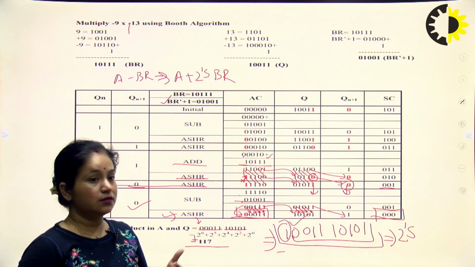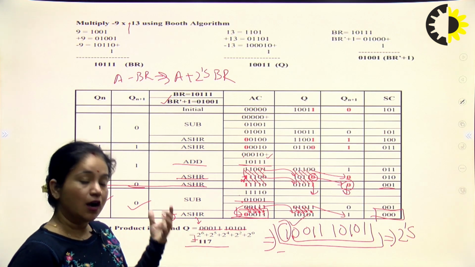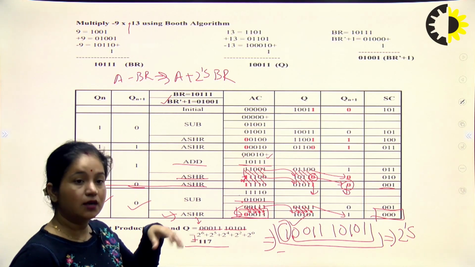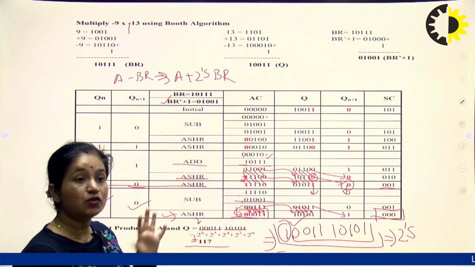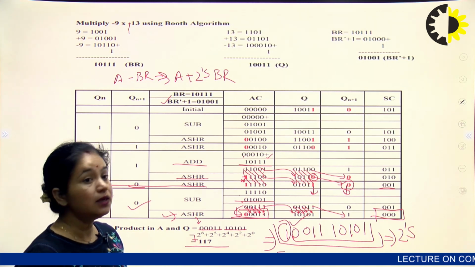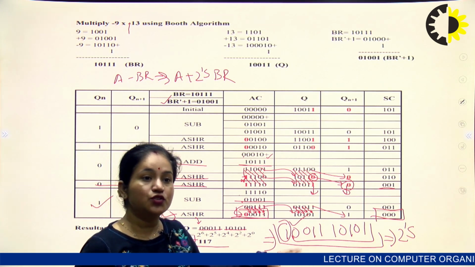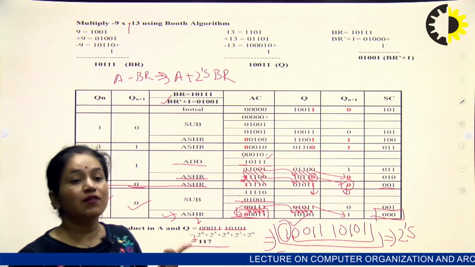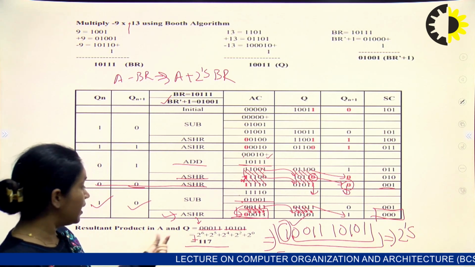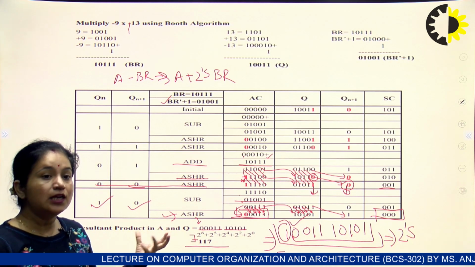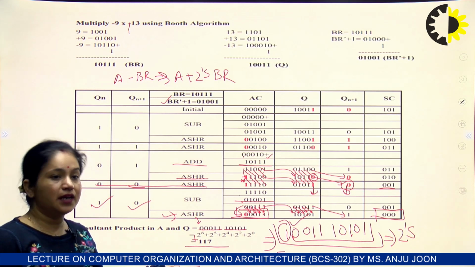I hope the concept of how we take the negative number in the accumulator or the register before is clear, because we need to represent it as a positive number. And in the last step, we need to check the leftmost bit. Either it will be a positive number or a negative number. Here, as we can see, it is a positive number. So, I will just convert it into decimal and I will get the answer.